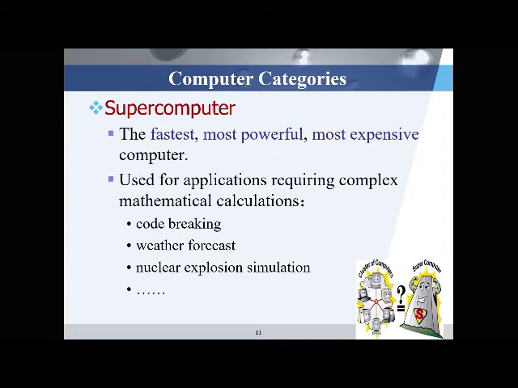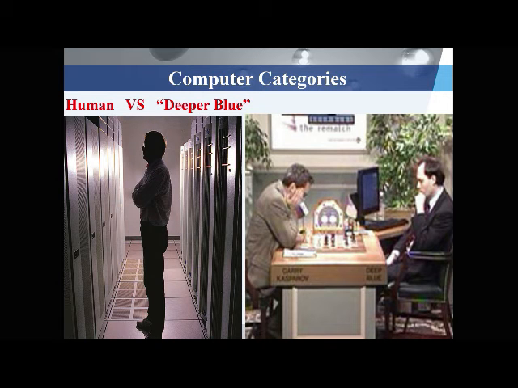So the supercomputers are the fastest, the most powerful, most expensive computers used for applications that require complex mathematical calculations, like code breaking, weather forecasting, nuclear explosion simulation, and maybe also artificial intelligence. Like several years ago, the first time a human competed with a machine on the chess game, the human lost the game.